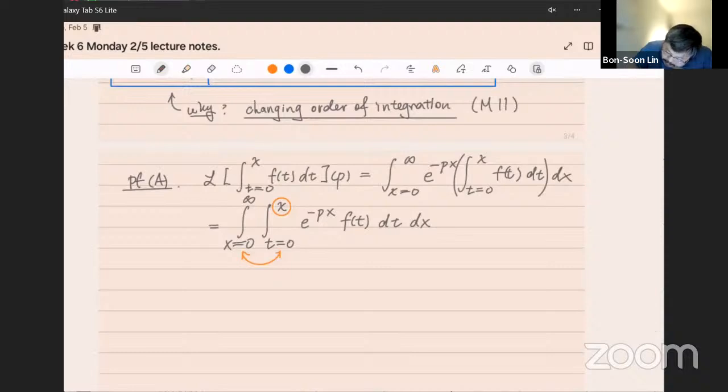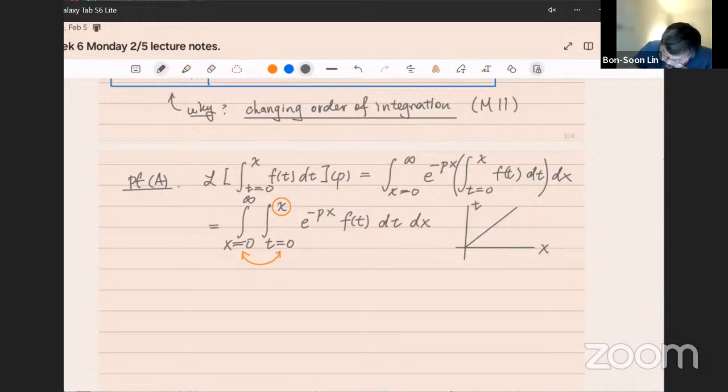So how do we do this? Let's draw out the region on which this integral is defined. Let's say this variable here is t and this is x. The region t going from 0 to x says that for every value of x, I need to go from 0 to x.